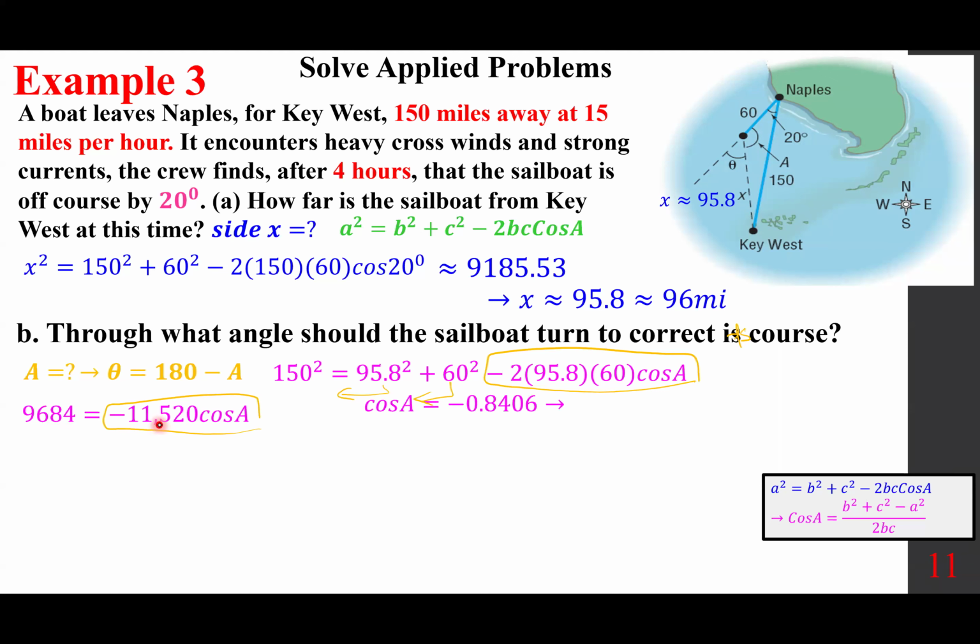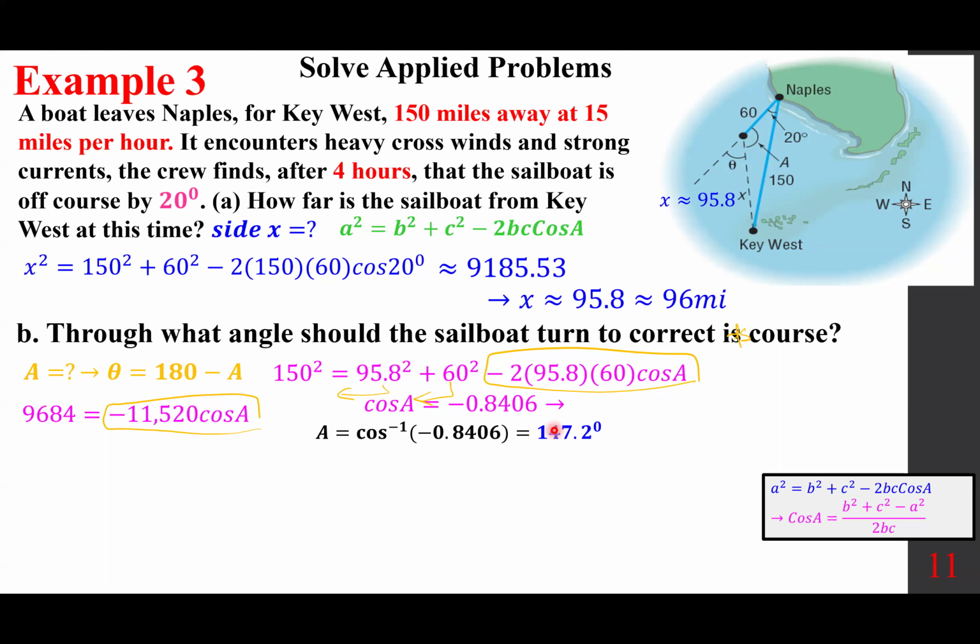And now A is cosine inverse of this number, everybody. Cosine inverse of this number gives us 147.2 degrees. Remember, when cosine is negative, as far as the inverse, since cosine goes from 0 to pi, it will be somewhere between pi over 2 and pi in the second quadrant. So we found A to be 147.2 degrees, and so we almost have theta.